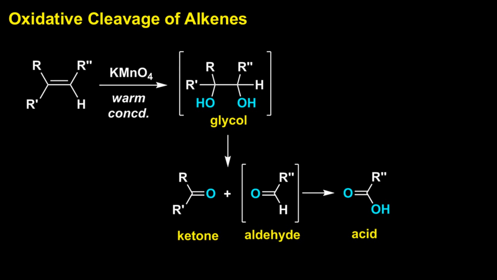But here's the big difference. If one of those products would have been an aldehyde, KMnO₄ won't let it stay that way. It pushes it further and turns it into a carboxylic acid. So depending on what groups were originally on your alkene, you'll end up with either a ketone or an acid, no aldehydes left behind. This is a strong, irreversible type of oxidative cleavage.